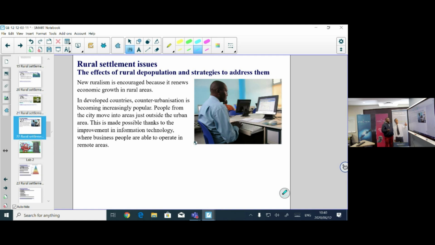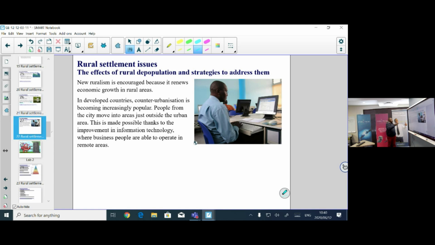In developed countries, counter-urbanization is becoming increasingly popular. People from the city move into areas just outside the urban area. This is made possible thanks to the improvement in information technology, where business people are able to operate in remote areas. So now with companies, and we are well aware of what COVID is doing now, people are working from home.